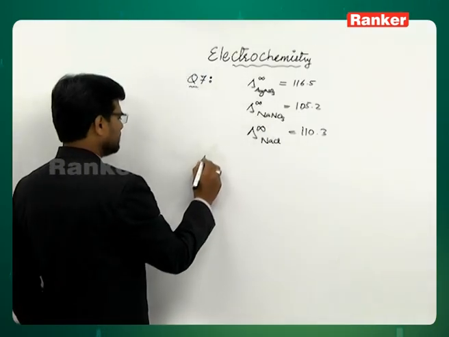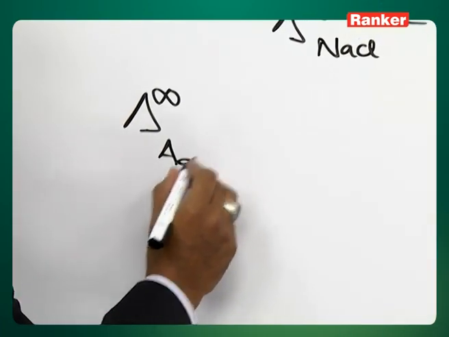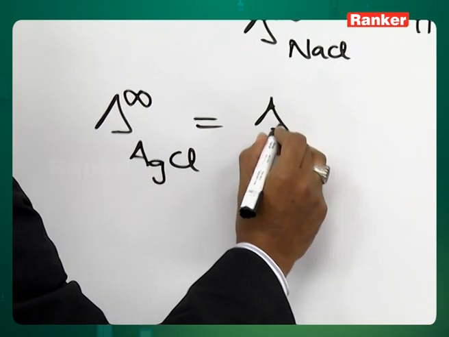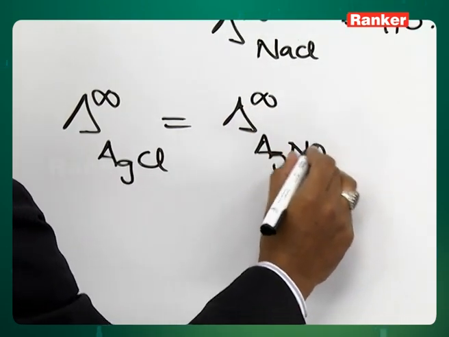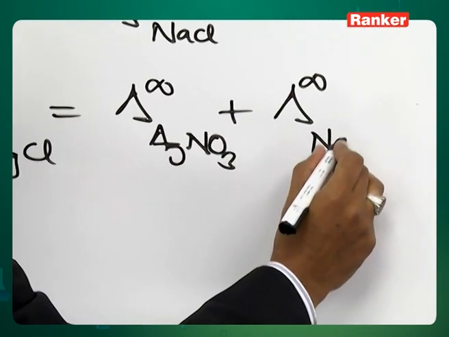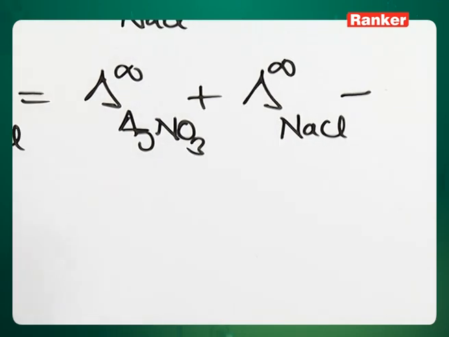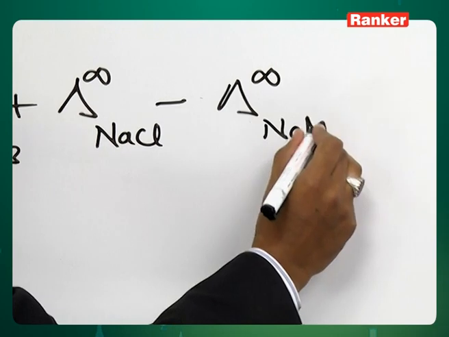Now, lambda infinity of AgCl is asked, which is equal to lambda infinity of AgNO3 plus lambda infinity of NaCl minus lambda infinity of NaNO3.